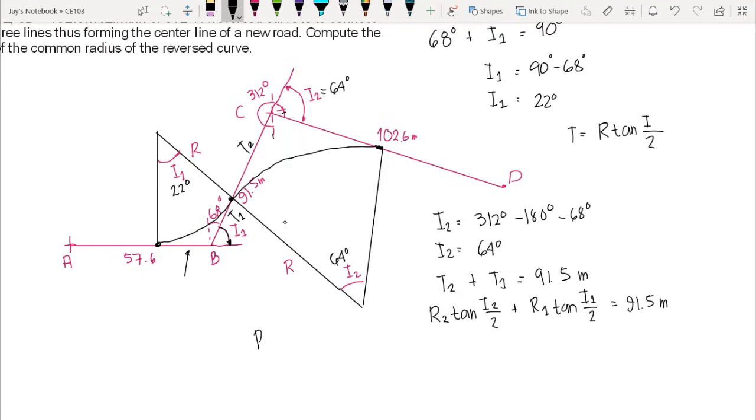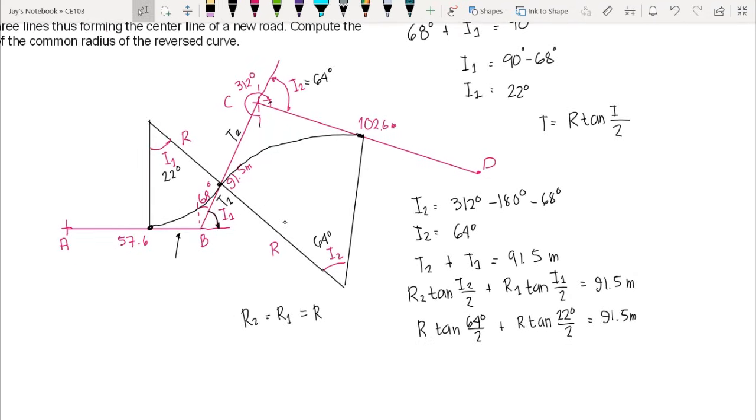But we know R2 is equal to R1, so we designate this one as R. So we have R tangent of I2, which is 64 degrees, over 2, plus R tangent of I1, which is 22 degrees, over 2, and this equals 91.5 meters.